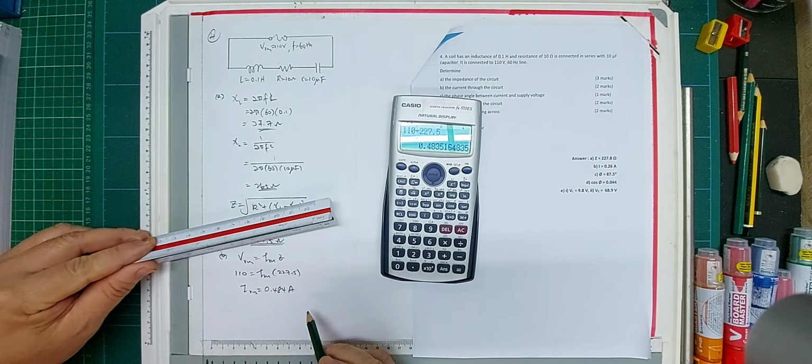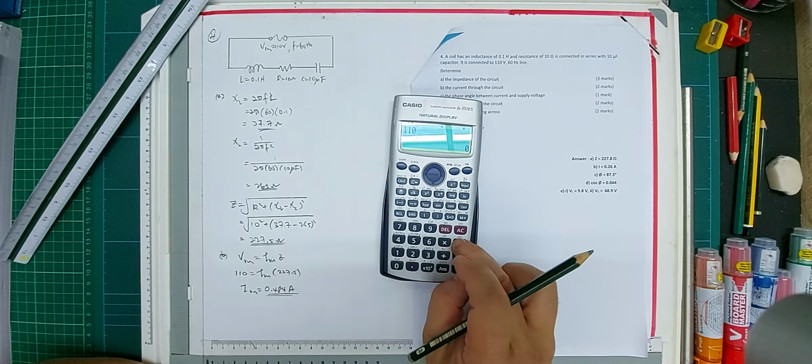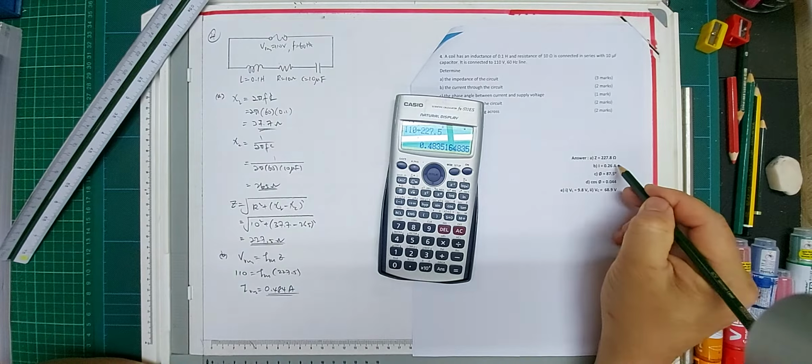This one is wrong already. Is it correct? See, 110 divided by 227.5, there's a 1, 0.48. So this one is wrong.